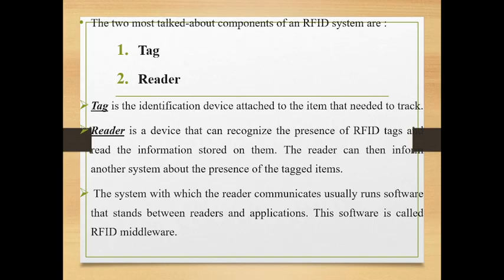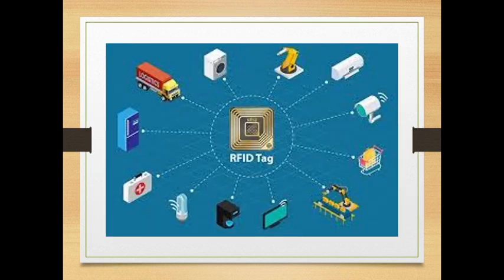The RFID reader system continuously sends radio waves, which are used to find the tag's information, that is, what kind of information we have stored. The data is continuously sent through these waves.